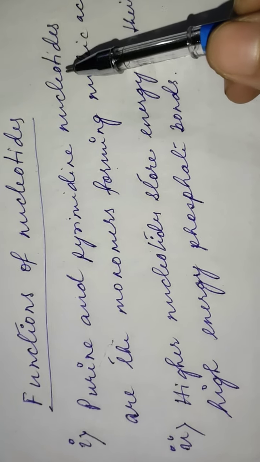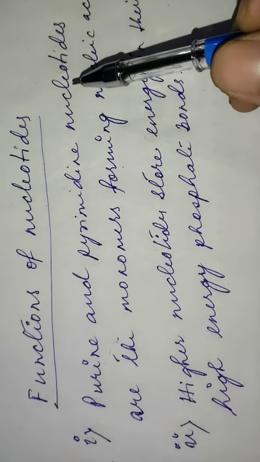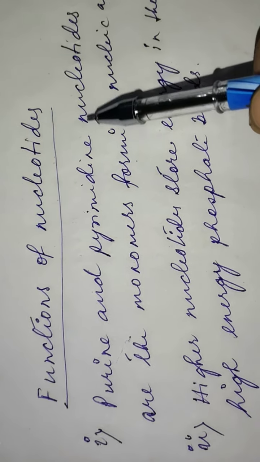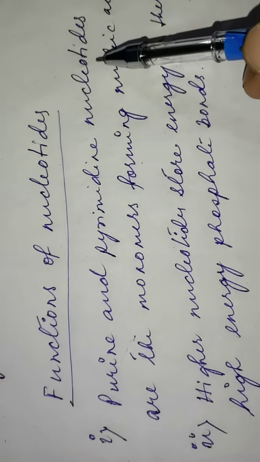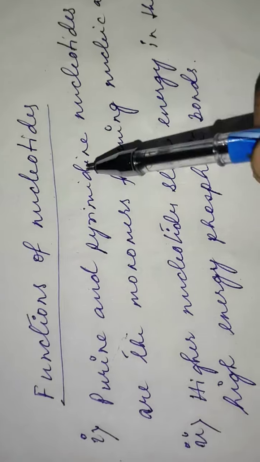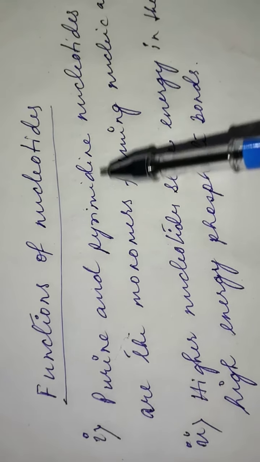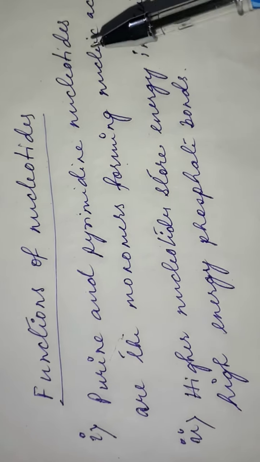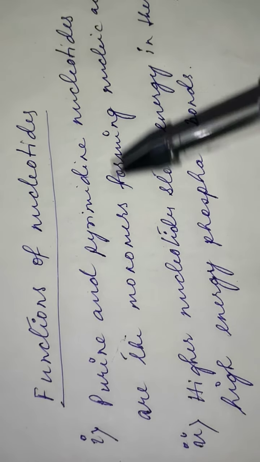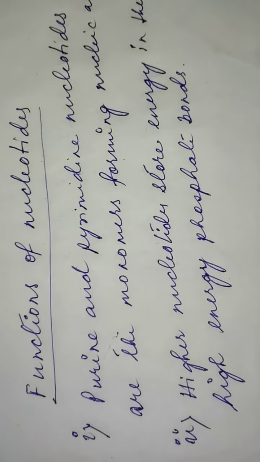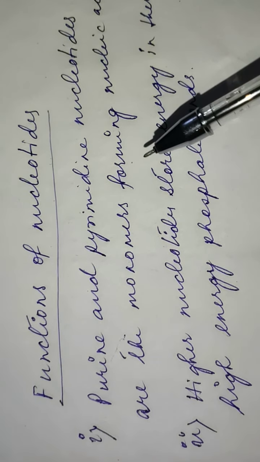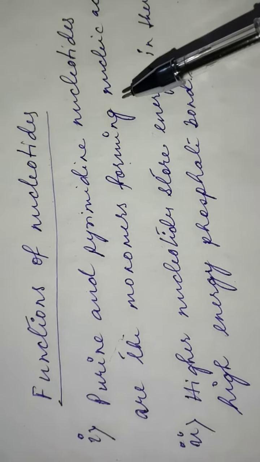So purine and pyrimidine nucleotides means the nucleotides of the nitrogenous bases adenine, guanine, cytosine, thymine and uracil. That is, adenylic acid, guanylic acid, cytidylic acid, thymidylic acid and uridylic acid.